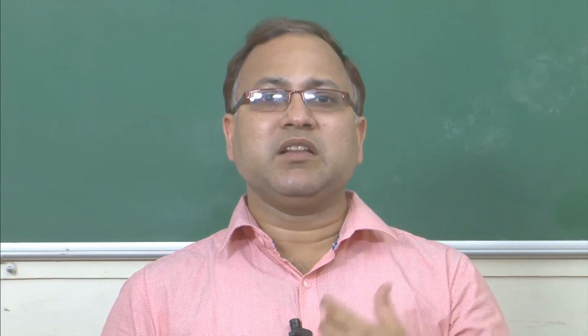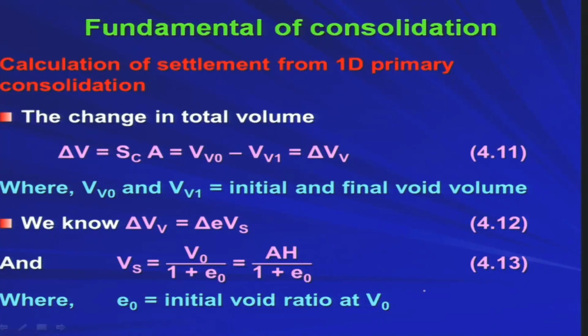The change in volume of void is nothing but the change in actual volume of the soil deposit, because soil grains or soil solids are not going to exhibit any volume change. Already we have discussed this. So, V_V0 minus V_V1, the initial void volume minus the final void volume, is equal to delta V_V, the change in void volume. So, change in volume is equal to change in void volume.